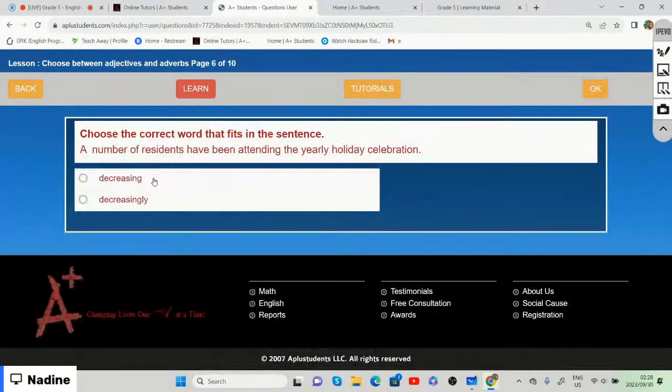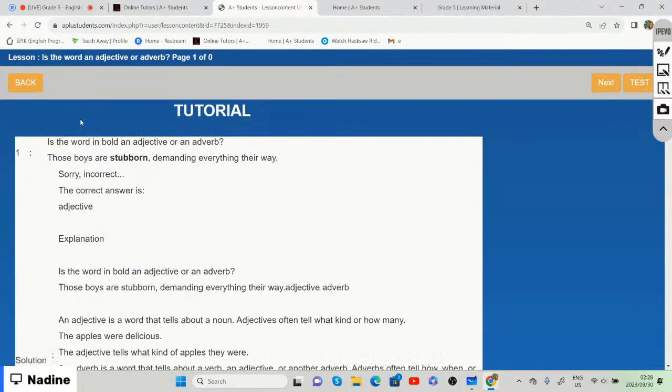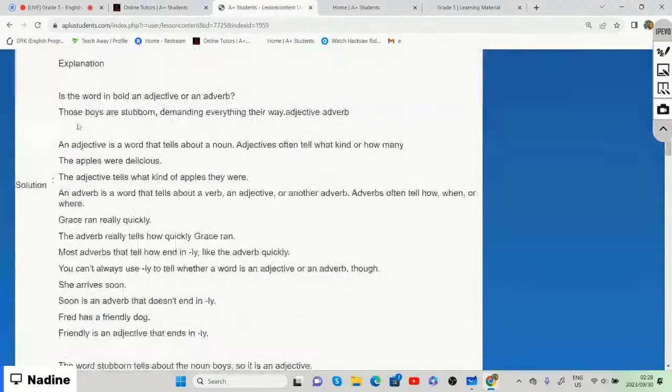All right. Now we're going to use the word an adjective or an adverb. And remember, we said an adjective is a word that tells us about a noun. And adjectives often tell us what kind or how many. And then we have an adverb, right?